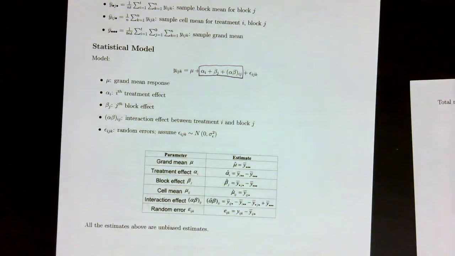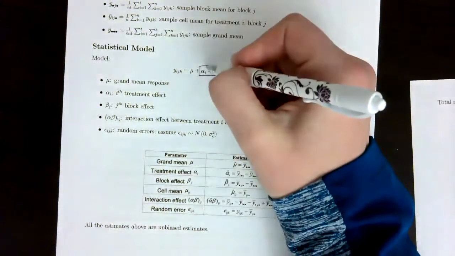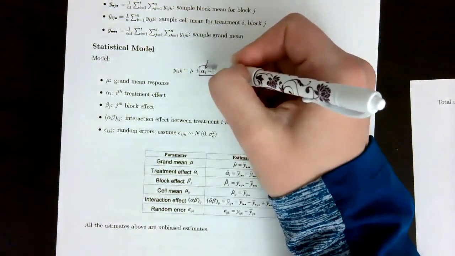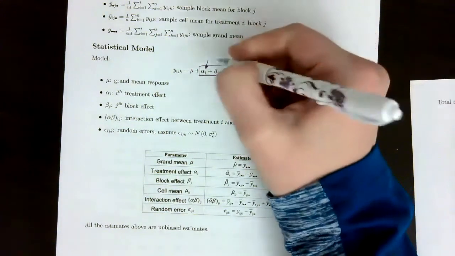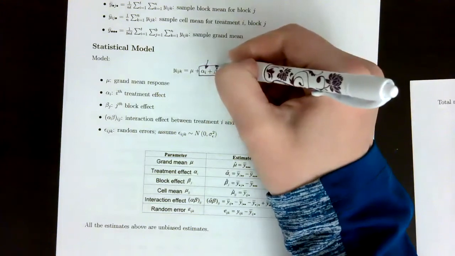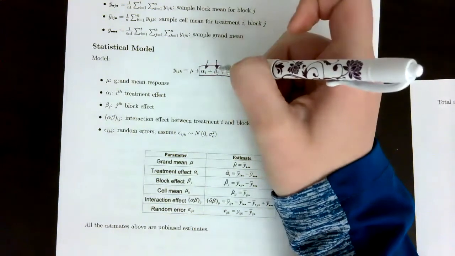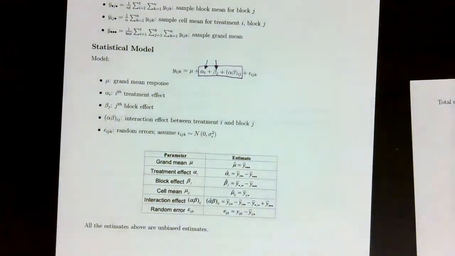We still have our treatment effect, which we saw in the completely randomized design. And we have our block effect, which we saw in our randomized complete block design; we added that when we were doing that.